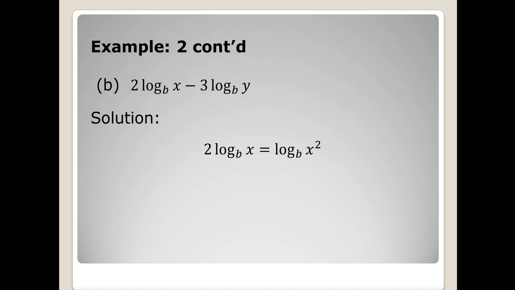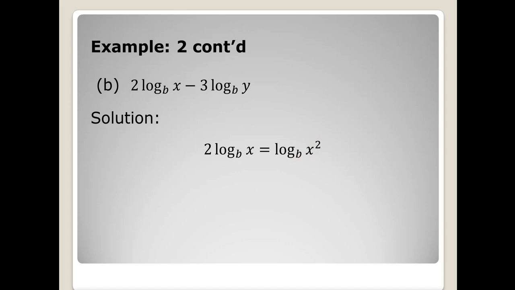See, this number, which is in front of the log, can be given to x as an index. So we'll move it up here as an index to x. So it's equivalent to log x index 2 to base b. Okay, how about the second log?